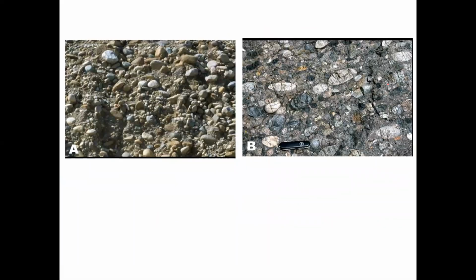So for example, here you can see some unconsolidated sediment. It's very poorly sorted, very rounded sediment. If this would be lithified, it would form sedimentary rock that might look like this, where you see all of the sediment is now consolidated. It's compacted and cemented together.